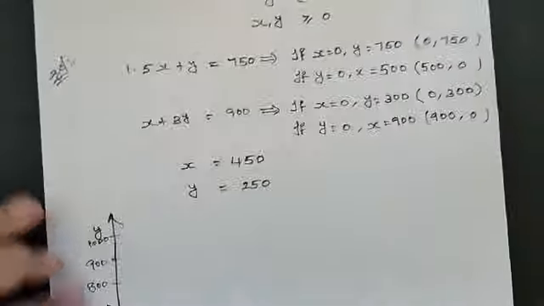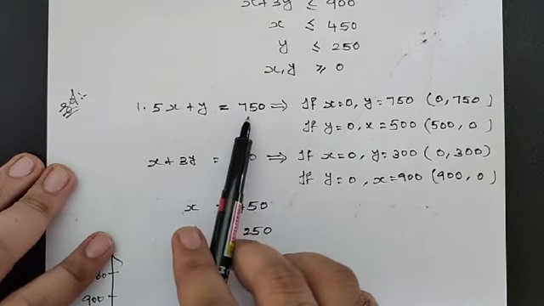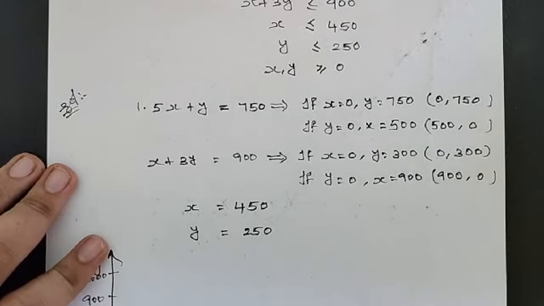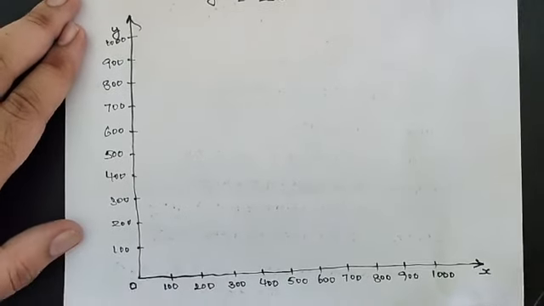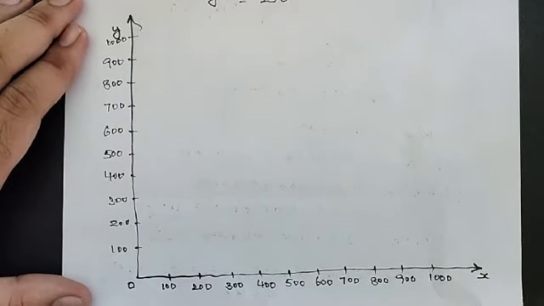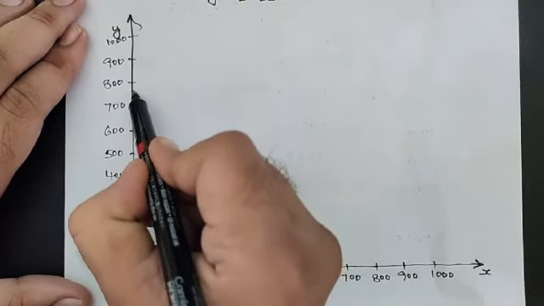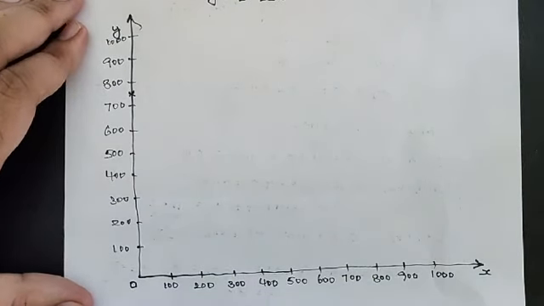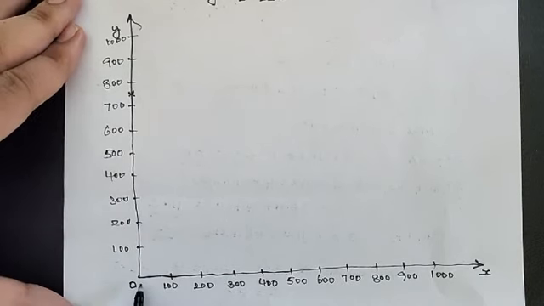So what is the first constraint? 5x plus y is equal to 750. That is the equation. So the vertices are (0, 750) and (500, 0). So first let us locate (0, 750). So x is 0 and y is 750, which is in the middle of 700 and 800. Right. And the second vertex is (500, 0), so the x value is 500, y value is 0.